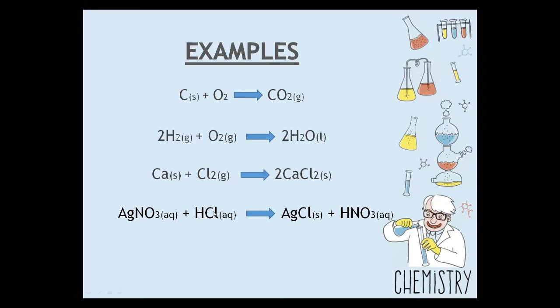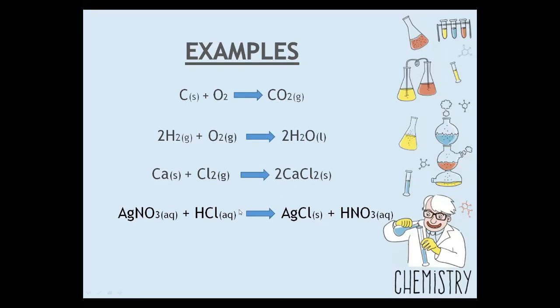Both are the reactants, and when they react together, they form silver chloride, which is in solid form, and nitric acid, HNO3, which is an aqueous solution. So we will write AQ in front of AgNO3, AQ in front of HCl, S in front of AgCl, and AQ in front of HNO3, nitric acid. And in this way, we can add the state symbols in the reactions.